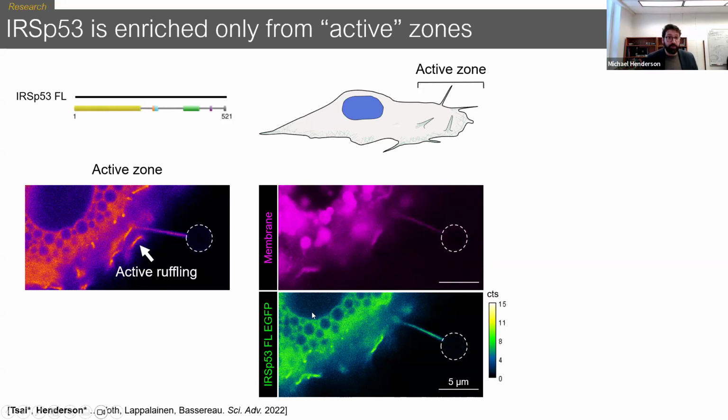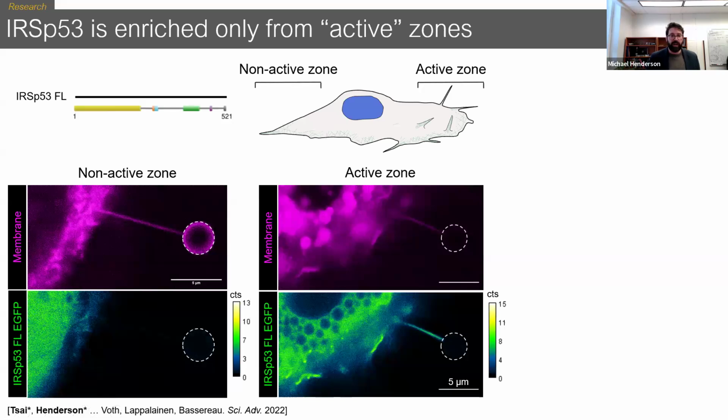If we pulled these membrane tubes from these zones of activity with the full-length protein, we saw very clear recruitment of the protein, as we did with the IBAR domain. If, however, you do these experiments on the rear side of the cell, near its butt, where not much is going on membrane-wise, we saw interesting behavior that confounded us for some time: we consistently saw de-enrichment of the protein.